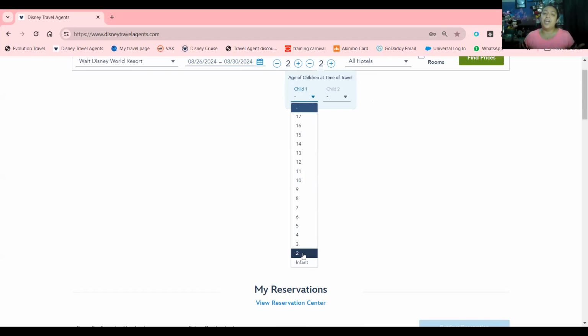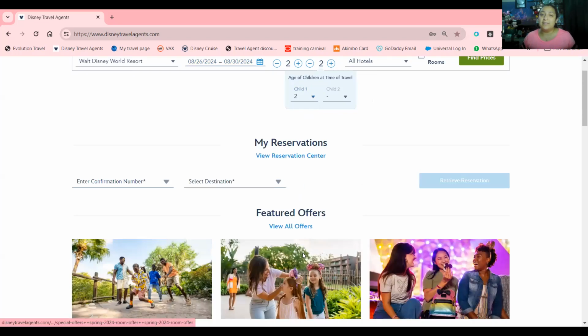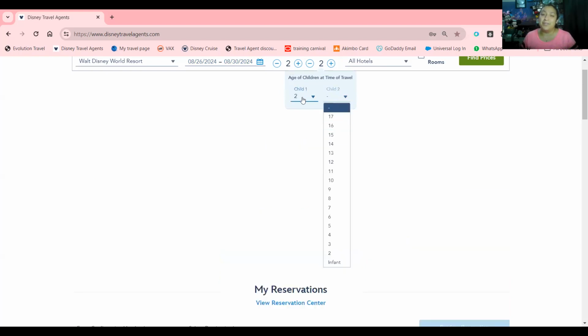They're still considered a child, but they're not getting charged. So when I do a mock booking, I tend to add a 2-year-old, an infant, because technically it's a child but it's not getting added to the price. There's a little loop in there. So I'm still able to advertise 2 adults, 2 children. The only difference is they're technically charging me for 2 adults, 1 child, because one of them is free.